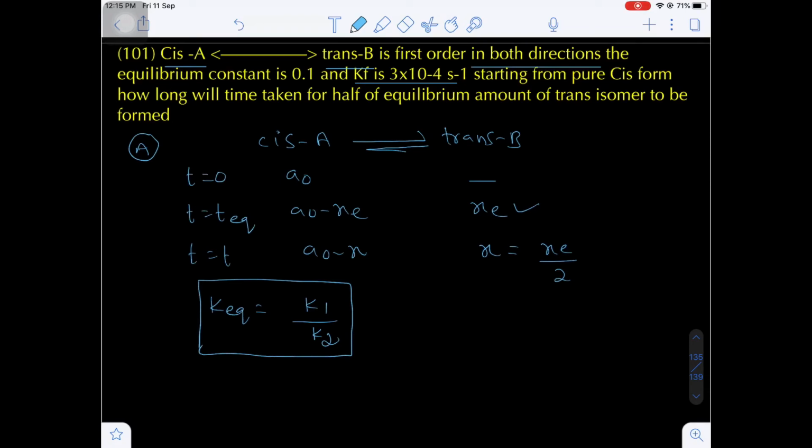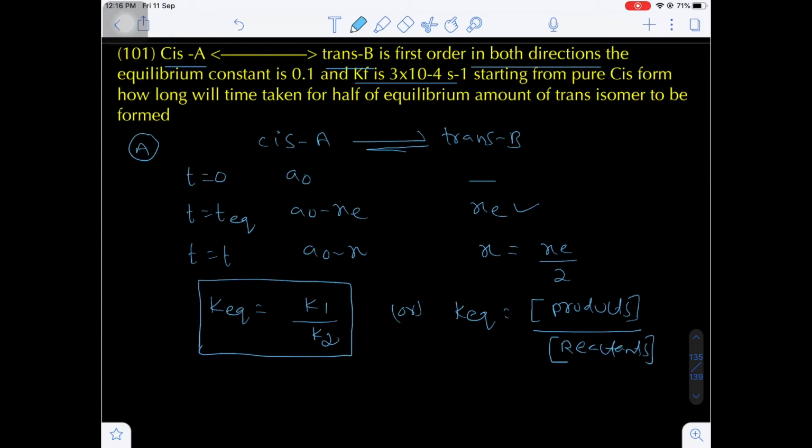Yes. In the equilibrium chapter there are two different formulas. Number 1, equilibrium constant value is concentration of products divided by concentration of the reactants. This is the first formula we have to remember. And the next formula, the rate constant ratio of the forward reaction to that of the reverse reaction, is also called the equilibrium constant.